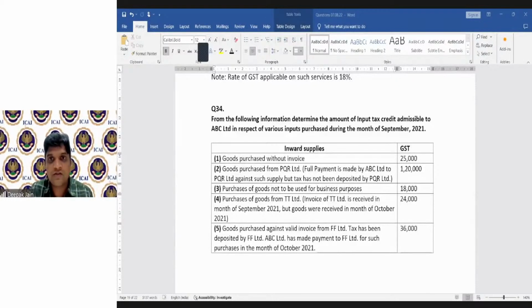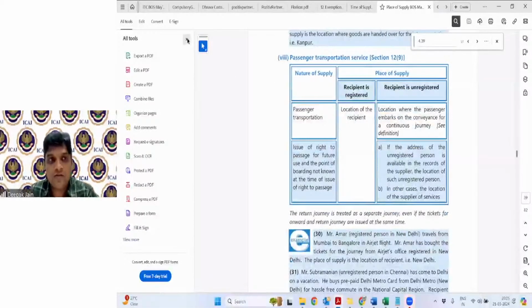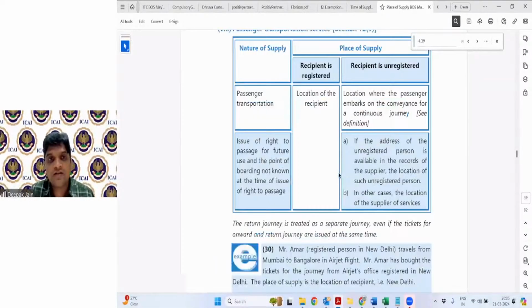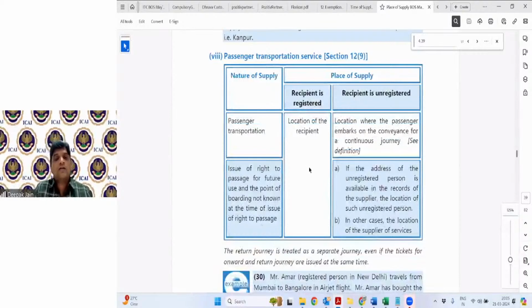Passenger transport service. Okay. Passenger transport service क्या बताता है is where the nature of service is passenger transportation or issue of right to passage for future use and point of boarding not known at the time of issue of right to passage.